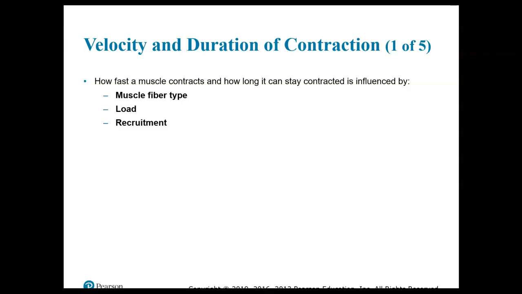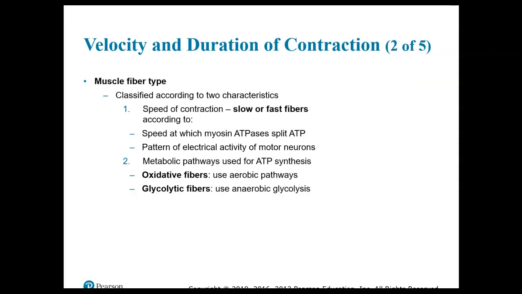Now, another thing is muscle fiber type, load, and recruitment that is going to affect a contraction. There are different types of muscle fibers, which we call slow and fast fibers.